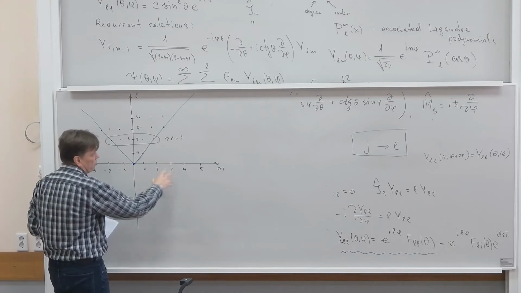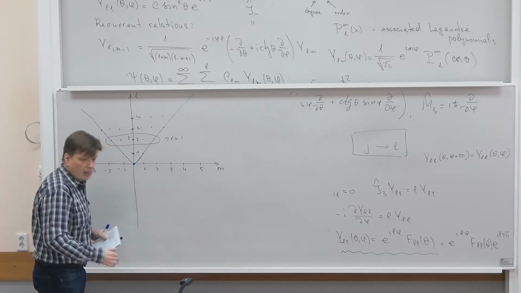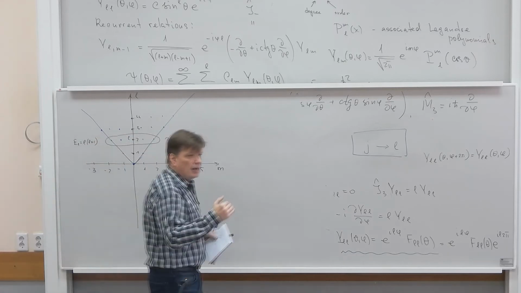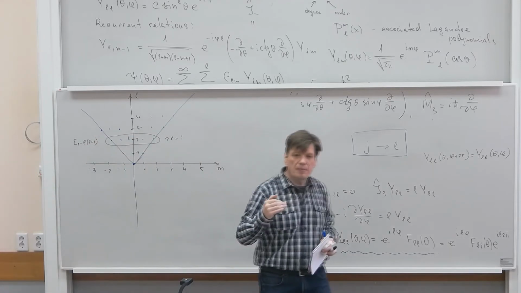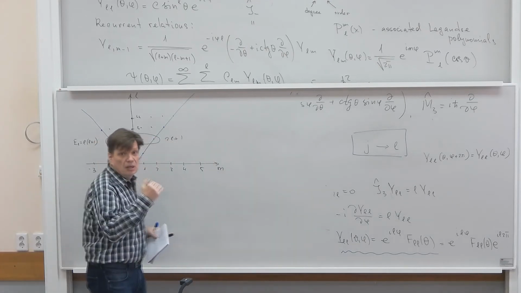By construction, this number m labels the possible eigenvalues of the third projection of the angular momentum, the projection on the third axis.